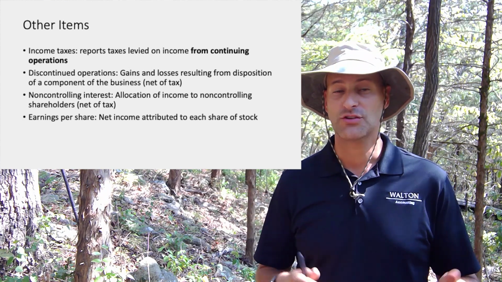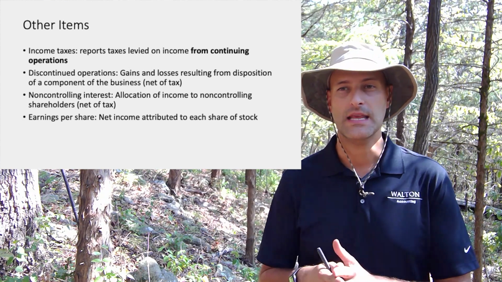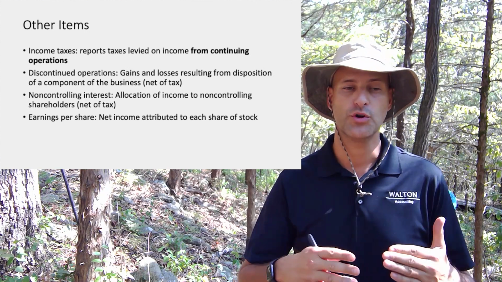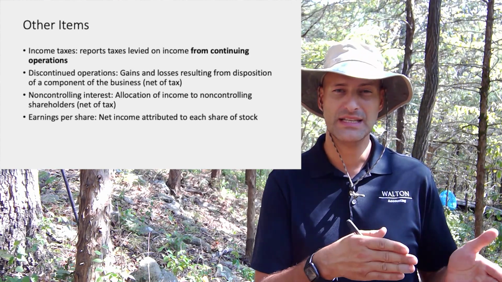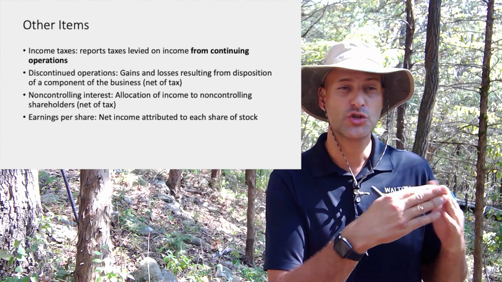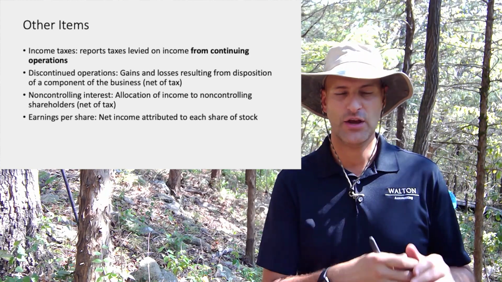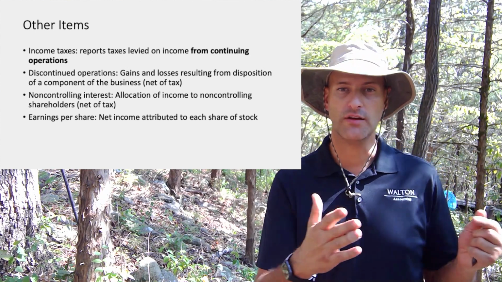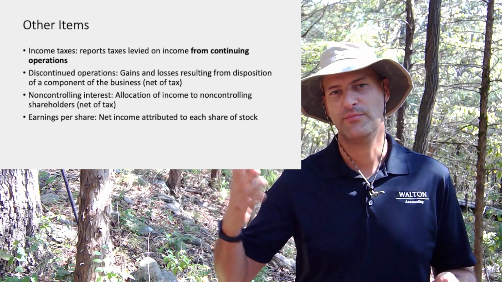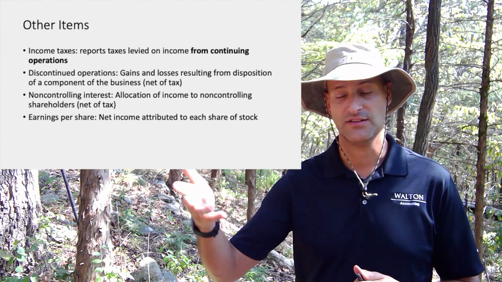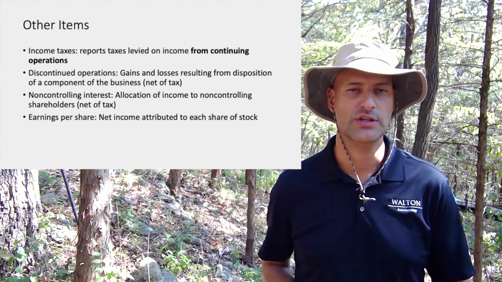And that again is reported net of tax, and that is the minority interest holders portion of businesses that are controlled by the consolidated entity. So if they own 51%, they're going to report all of their revenues, even though 49% of them actually belong to somebody else. Well, that 49% gets taken out as non-controlling interests.